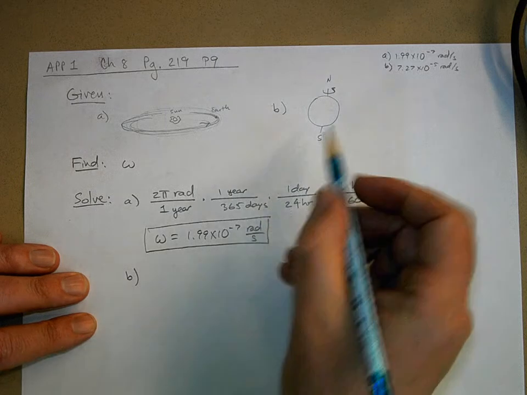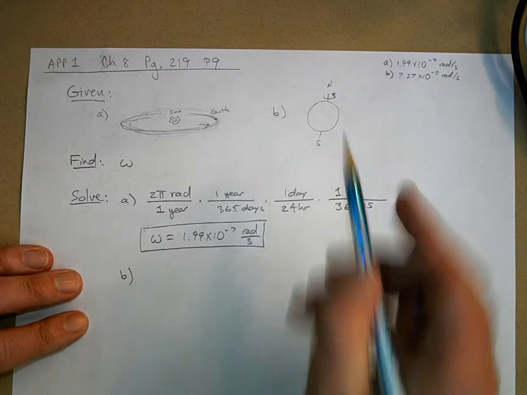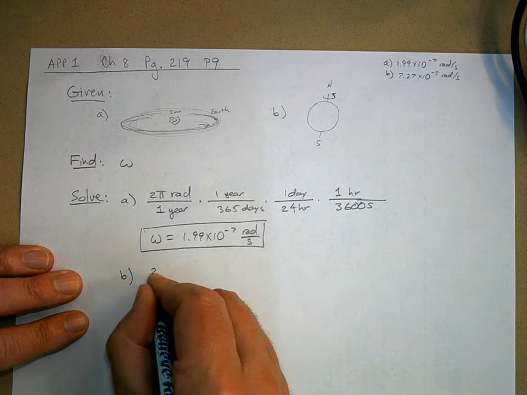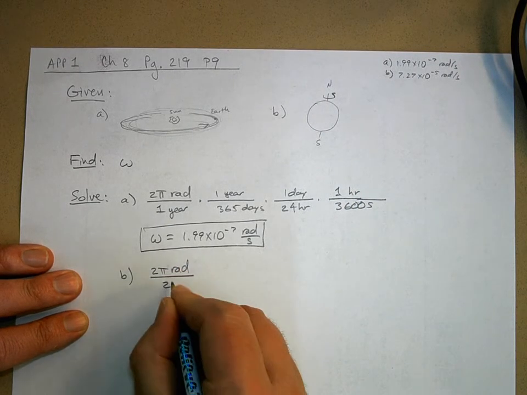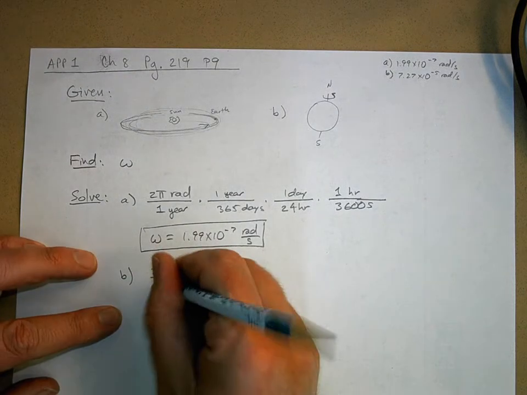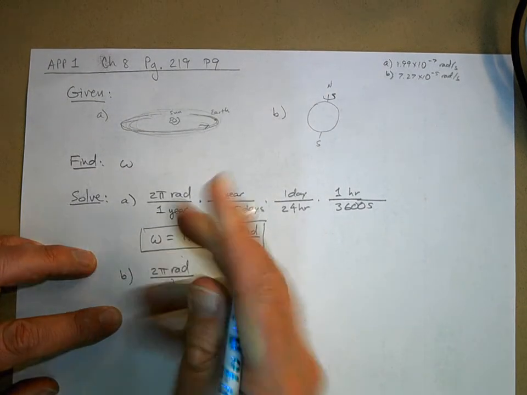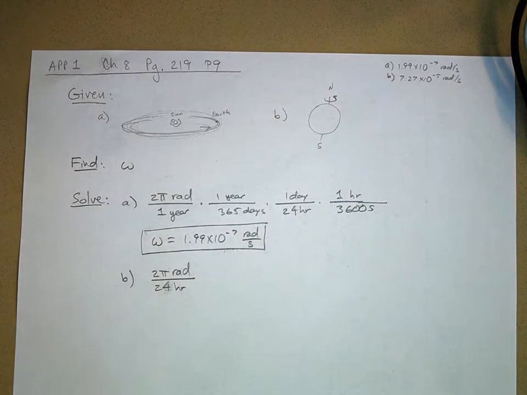Now for part B, here's the Earth, and it's going to go around its axis. It goes through 2 pi in, I'm just going to call it 24 hours. Technically, that's not correct.